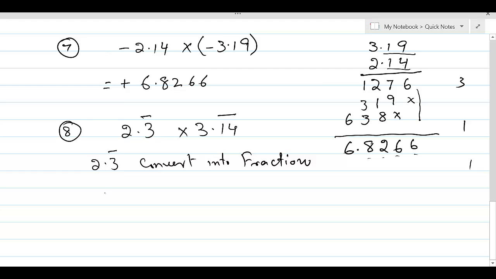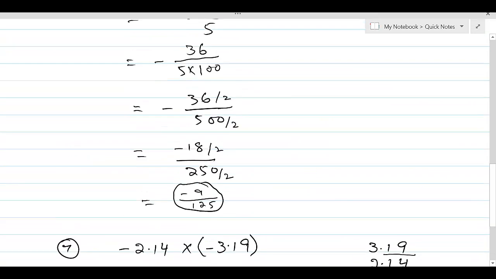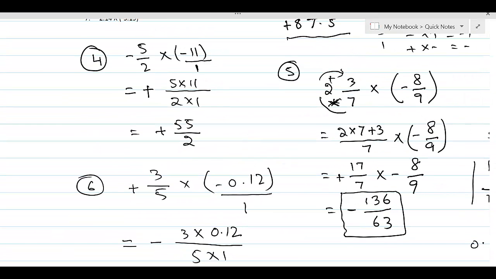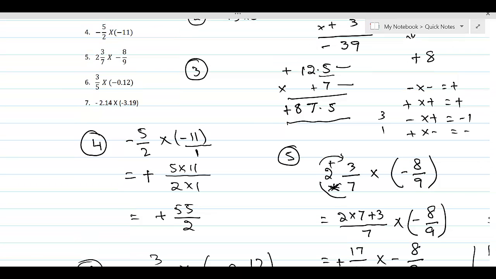And also we convert 3.14 into a fraction as well, and then multiply those fractions just like we did in question number 5. We have done it in question number 5.